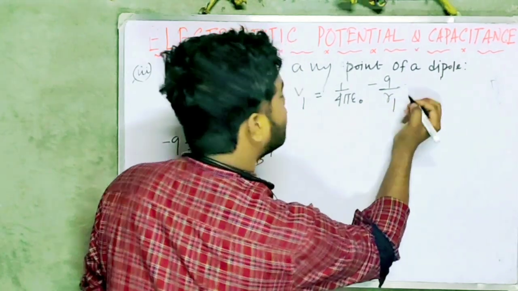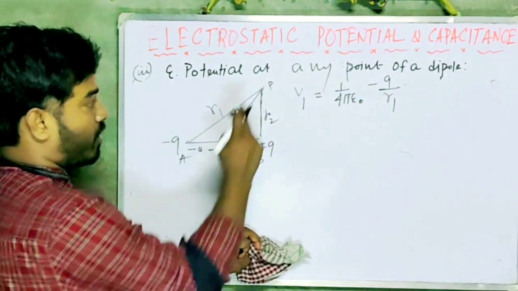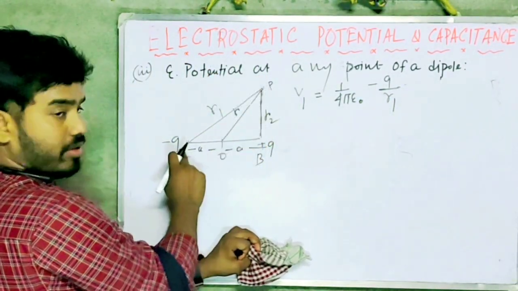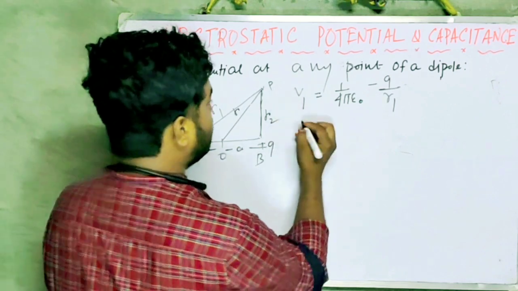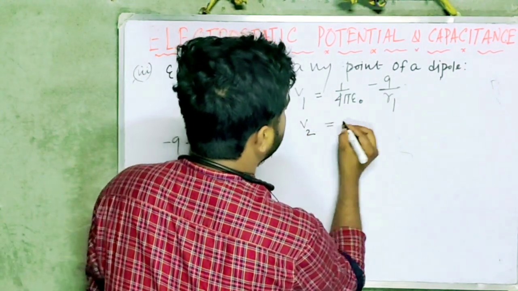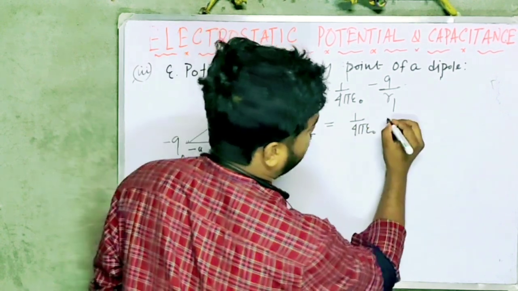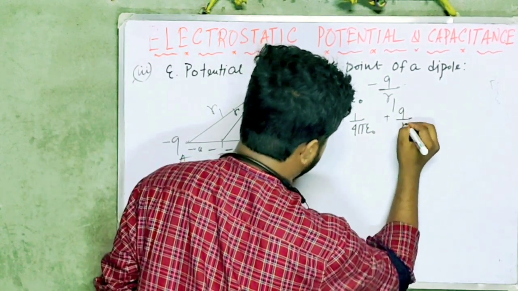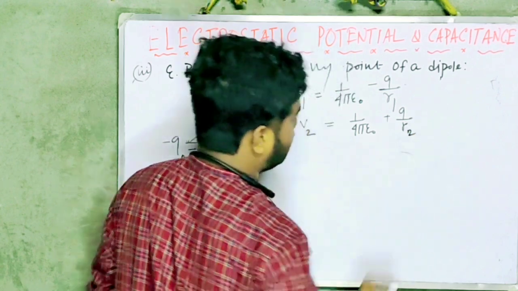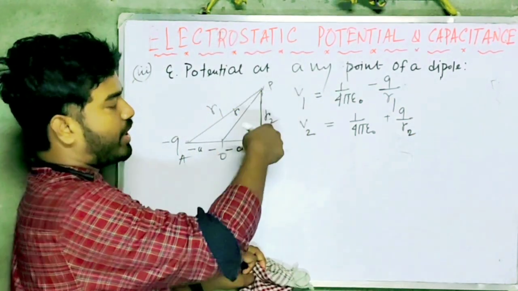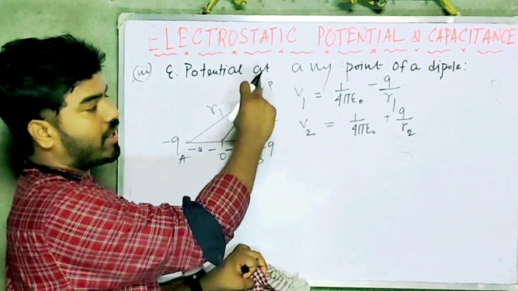This is the expression for electric potential at point P for minus Q. Now for plus Q, 1 by 4 pi epsilon naught plus Q by R2, because the separation from B to P is R2.